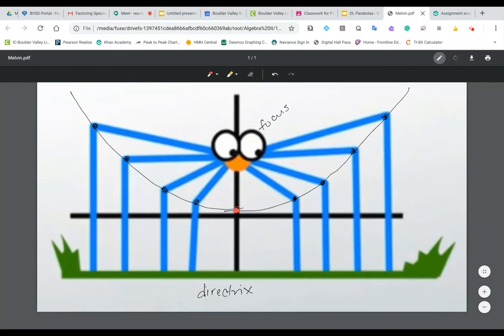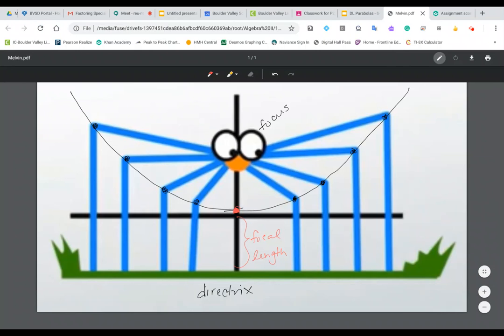And we can call that length the focal length. So these are just some new key features of a parabola that we didn't talk about in our quadratics unit in the fall, but that we do want to understand when it comes to conics and that you will be using going forward in mathematics, especially in pre-calculus next year.